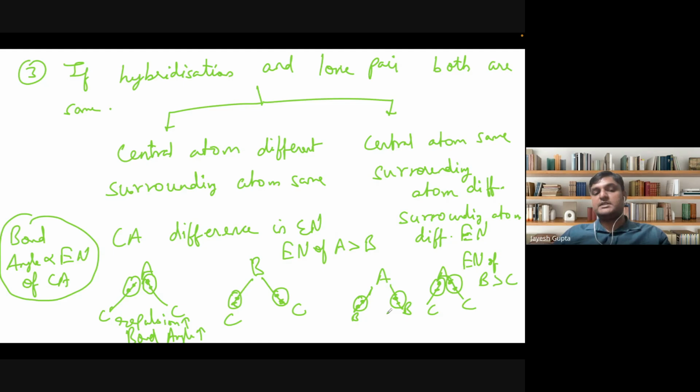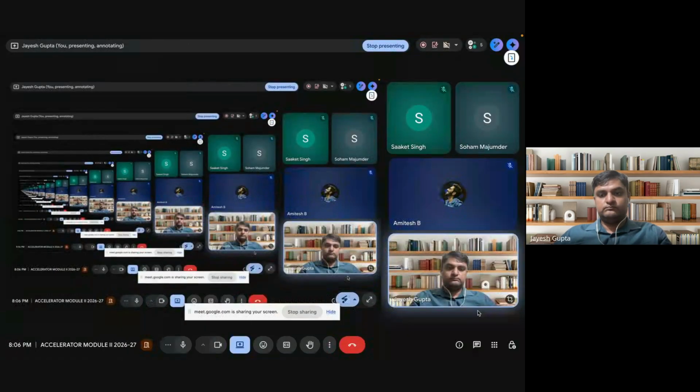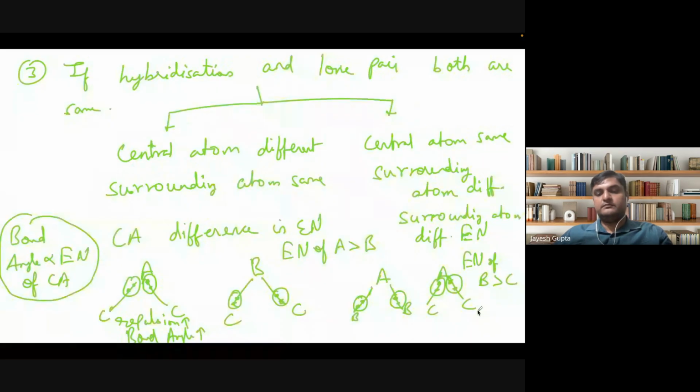Now can you tell me in which case repulsion is more, in AB or AC? So AC. Yeah. So here you can see repulsion increases in AC, so bond angle increases.